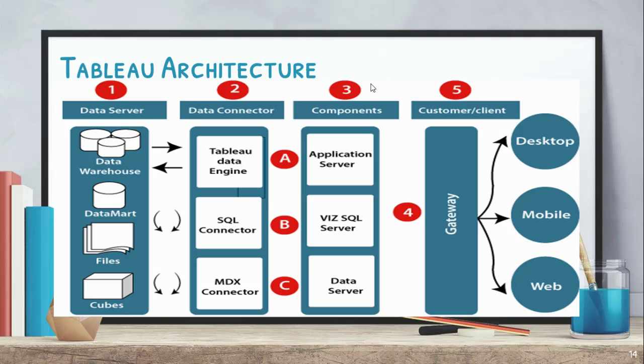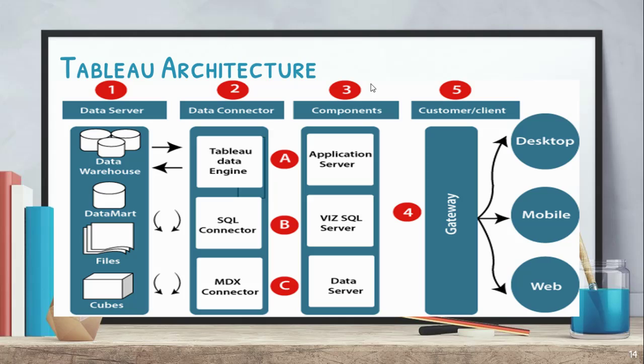And fourth one, gateway. Gateway directs the request from the user to Tableau components. When the client sends a request, it is forwarded to the external load balancer for processing. The gateway works as a distributor of processes to different components.